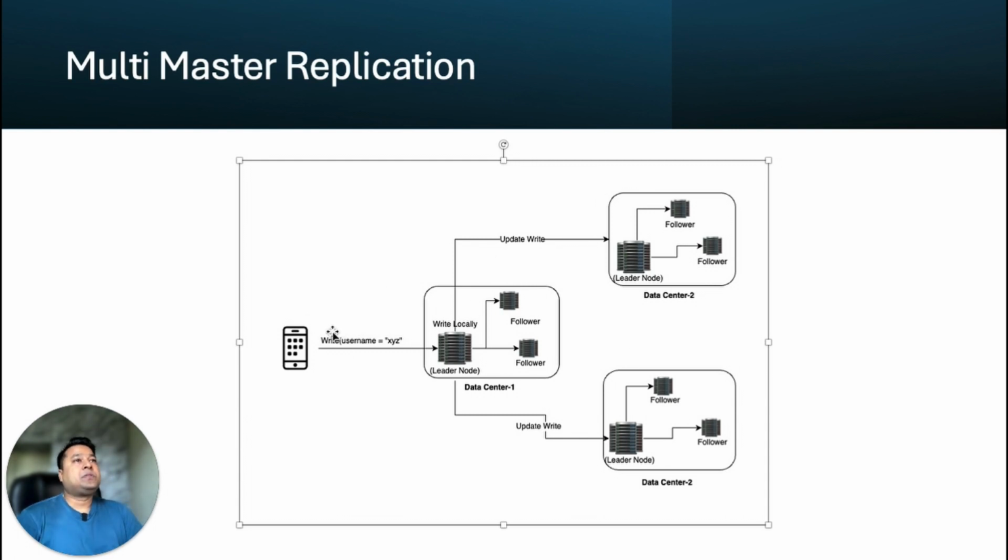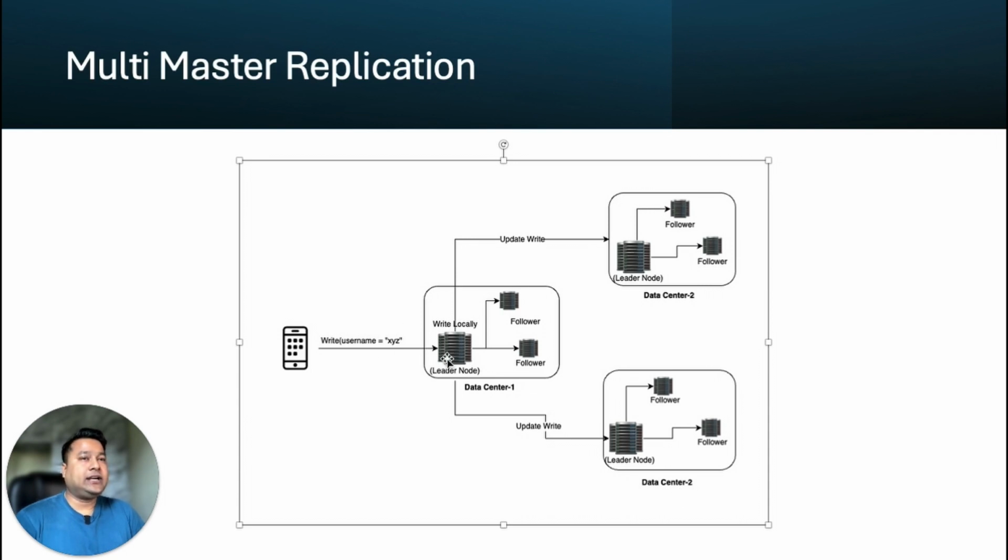For example, if your client is trying to update username equal to XYZ, and this write happens at the leader node in data center 1, then the data center 1 leader node will propagate this write update to its follower nodes here and here, and also propagate this write operation to the data center 2 and data center 3 leader nodes.